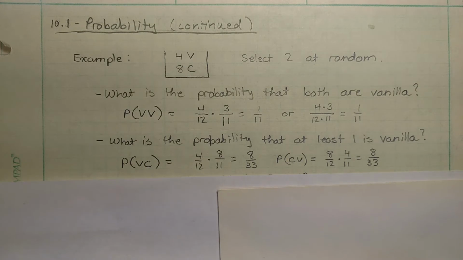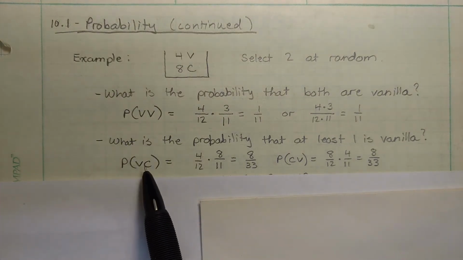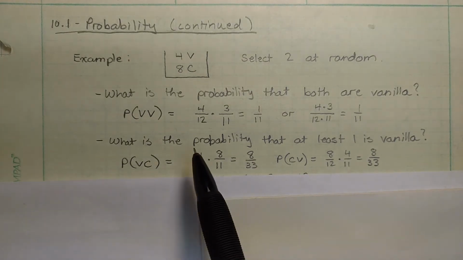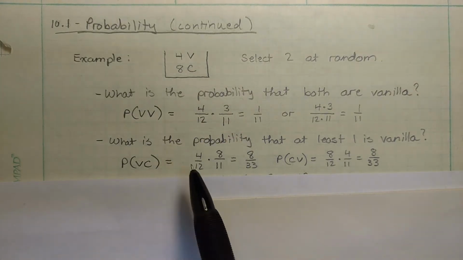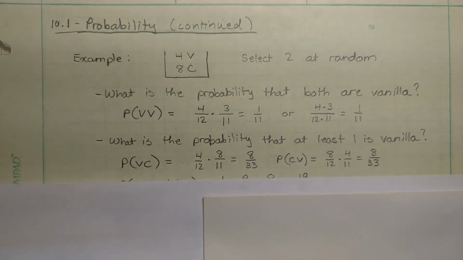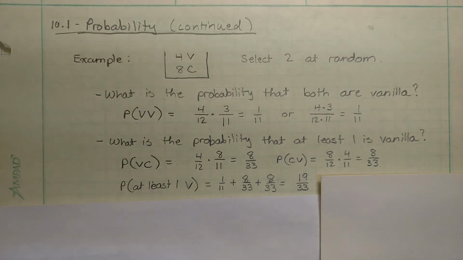So notice, the ways to get at least 1 vanilla are to get 2 vanillas, get a vanilla and a chocolate, or get a chocolate and a vanilla. For at least 1 vanilla, I must add up the probabilities because it could be this, or this, or this. Any of those would work, so the probability of at least 1 vanilla involves adding up those 3 probabilities, and I find out that it is 19 out of 33.